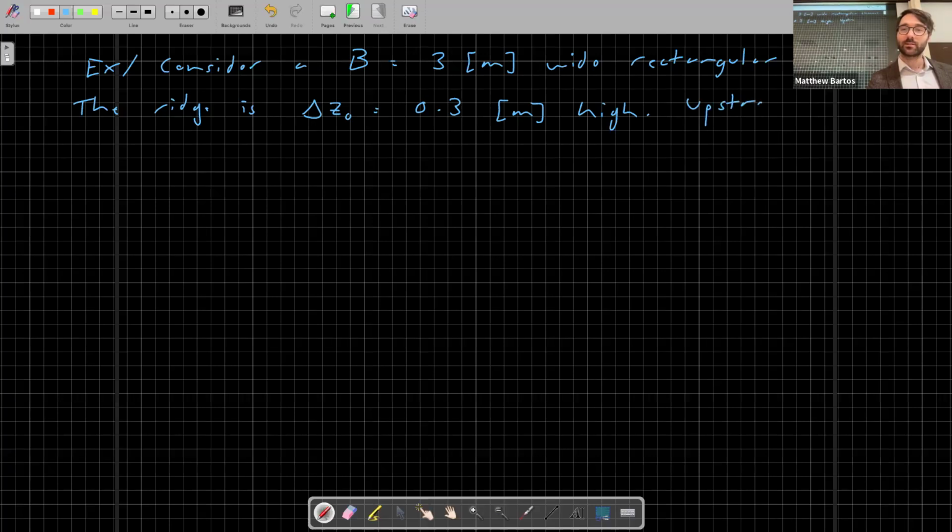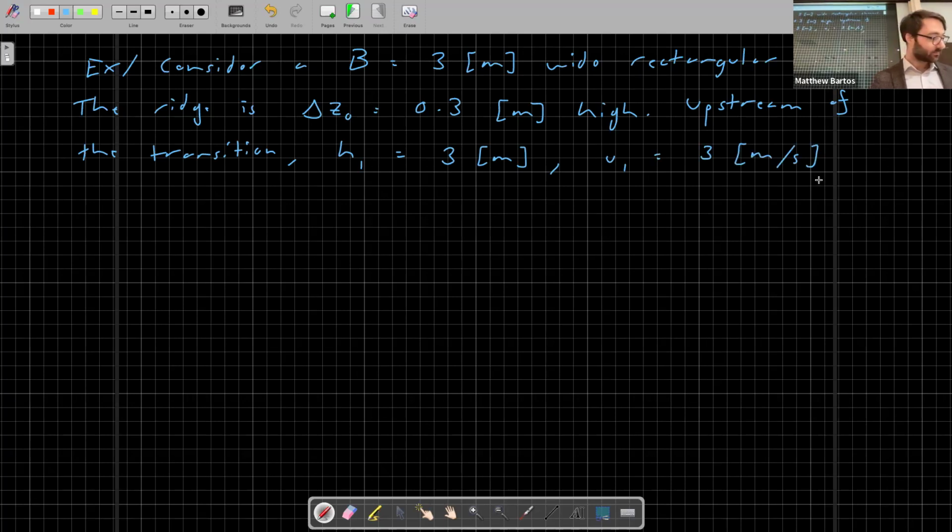Upstream of this ridge, so upstream of the transition, the depth of water H1 is equal to 3 meters, and the velocity U1 is equal to 3 meters per second. And we're going to assume no energy losses.